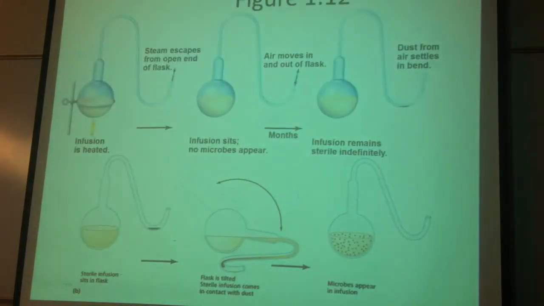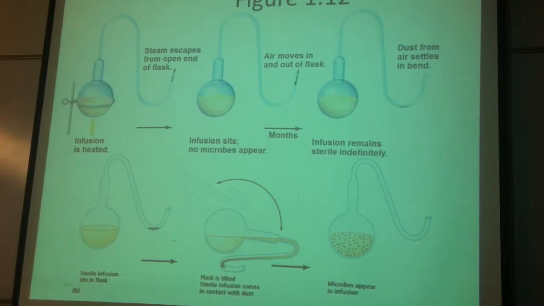Okay, why were these swan necks so awesome in solving the problem of life coming from life? The way it's designed, it allowed air but prevented microscopic organisms from reaching the broth once all other microscopic organisms had been removed from it. Okay, yes, one thing: agar, usually we talk about it as a solid, kind of like Jell-O.